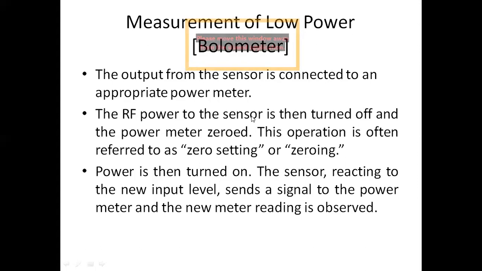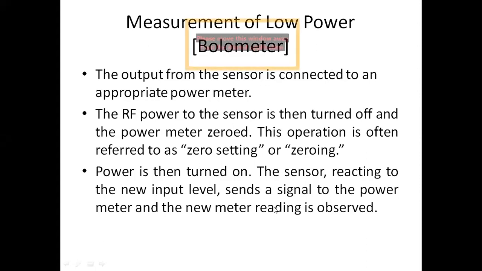After the 0 setting, the RF power is turned on, so that our RF power meter will show some value from 0 to 10. That is how we will measure the low power. So the basic thing we need to do is 0 setting, and after 0 setting, the measurements can be done properly.